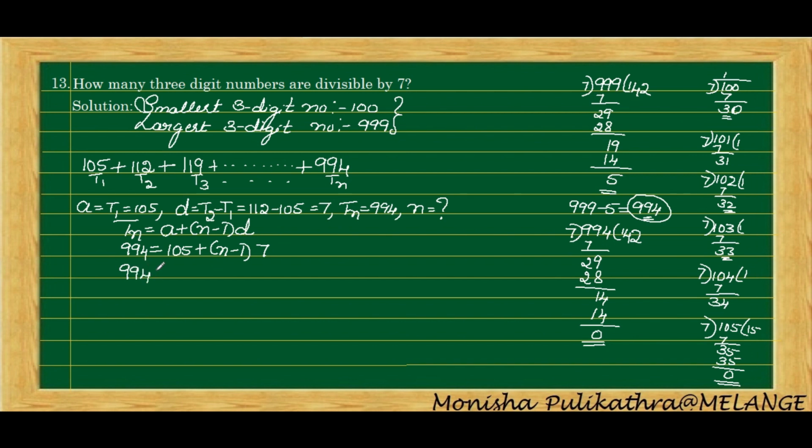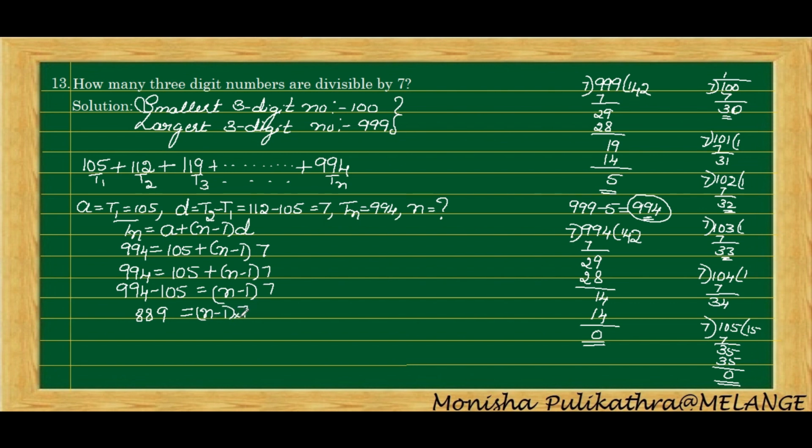Here I will first shift the 105 to the left-hand side. So 994 minus 105 is 889, equal to n minus 1 into 7.